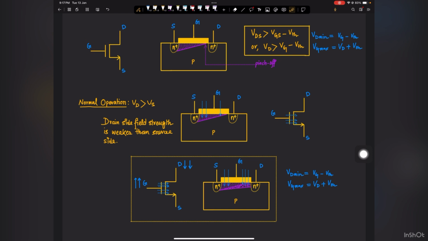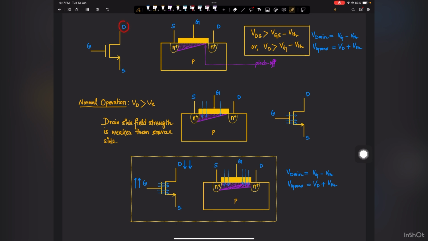And what is the value? If the gate voltage is more than one threshold voltage above the drain potential, then the transistor will go into the triode region, because we need a threshold voltage Vt for accumulating charges, right? That's why your gate voltage should be one threshold voltage above the drain voltage, and only then does the transistor go into the triode region.